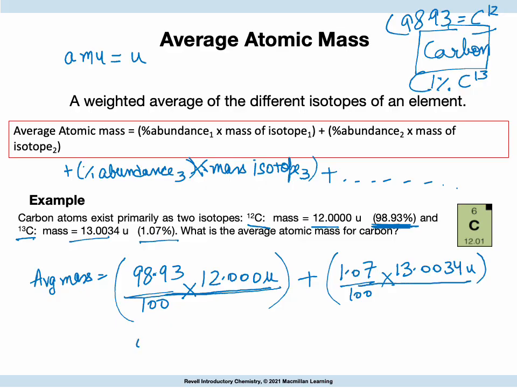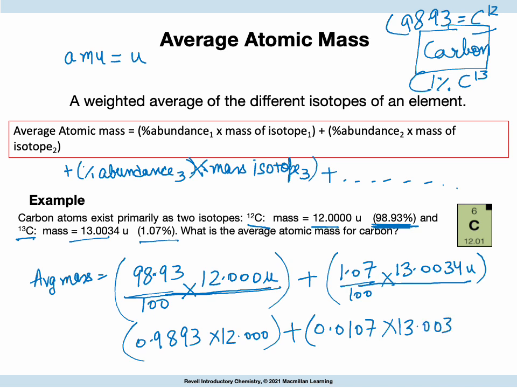So this is going to be 0.9893 times 12.000 in parentheses, plus 0.0107 times 13.0034 in parentheses, and solve it, and that would give you your final answer in U. But the important thing to remember here is, please use your calculator correctly.